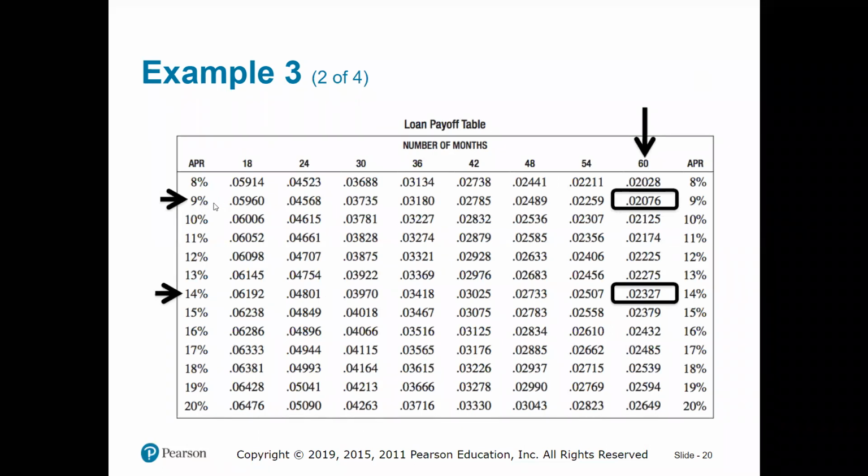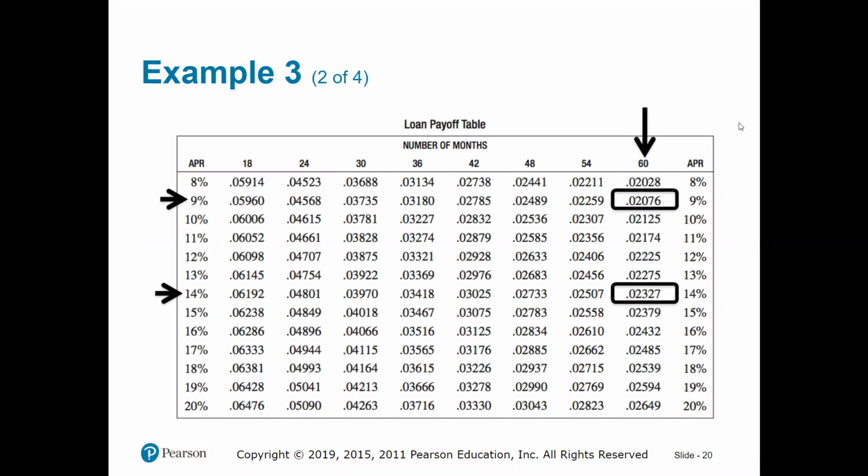Okay, so we actually have to look at both options here. So if we're at 9% for 60 months, then we're going to multiply it by 0.02076. If we're at the 14% for 60 months, then we're at 0.02327.